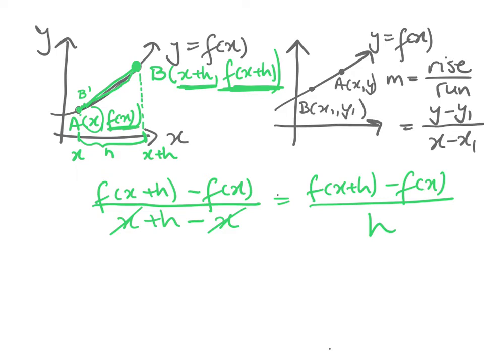To find the slope of that chord, you use the same principle, rise over run. But if B is approaching A and getting so close to it, the gradient of the chord is going to approach the gradient of the tangent at A.